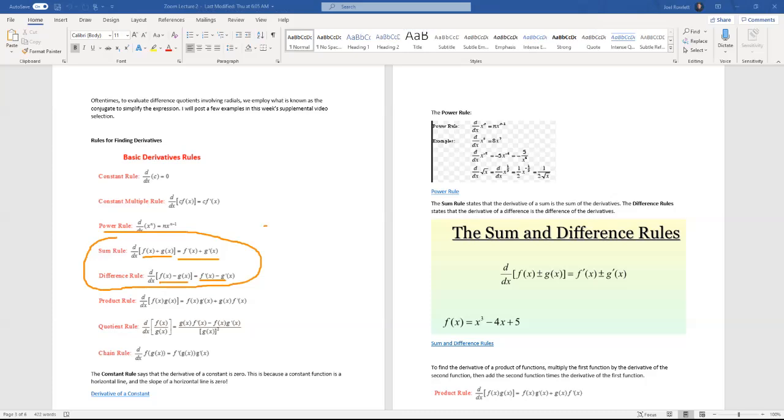Let's let f of x be x to the power of 7 again, and let's add to that our g of x, and we'll make g of x 2x to the power of 3.